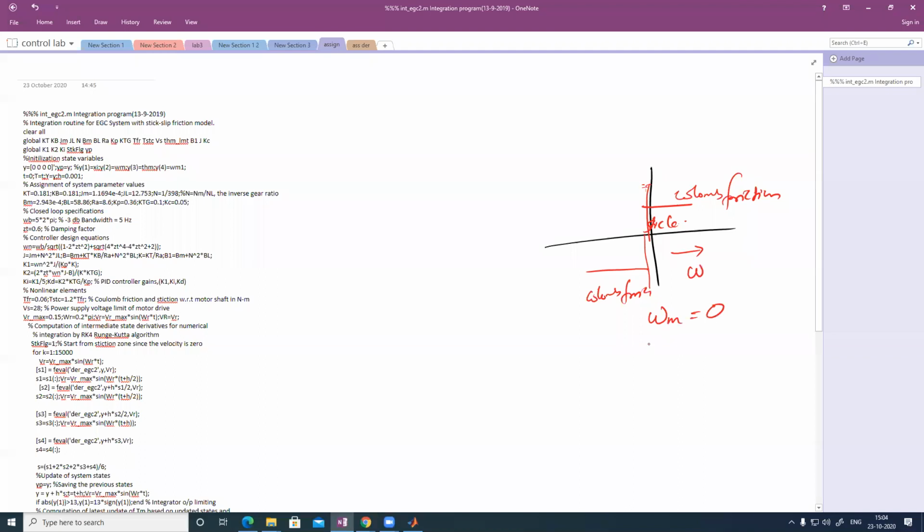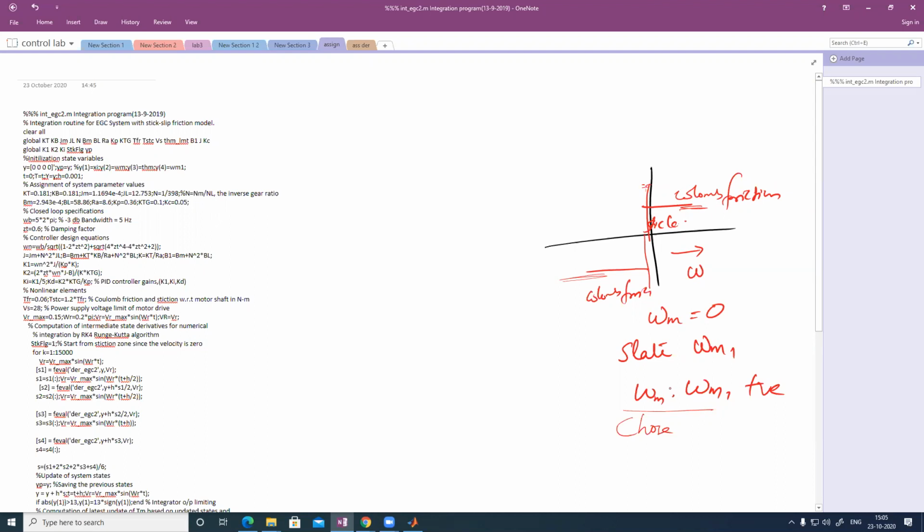We have to take one more state variable, omega m1, and this omega m multiplied by omega m1, if it is positive, means we chose the right direction. If both omega and omega m are positive, it means this side; both negative means this side.